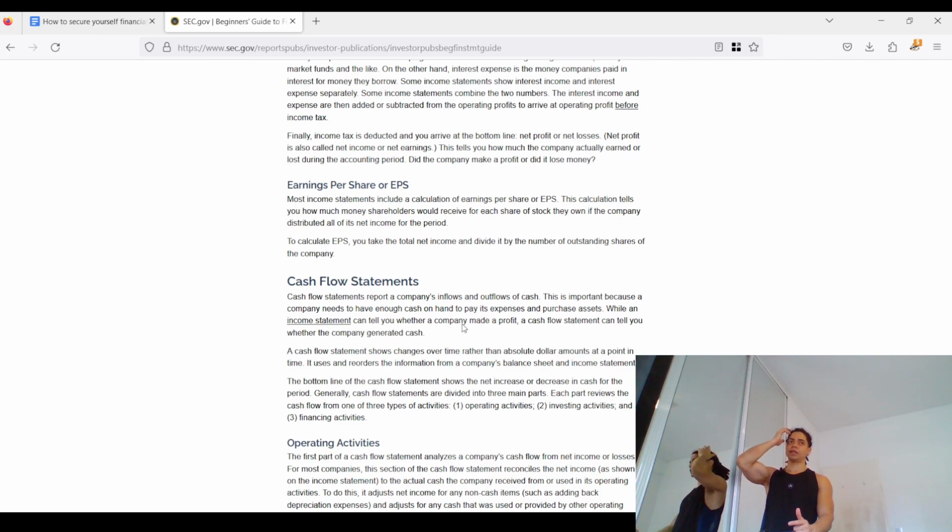Okay, and also associates, which is when a company owns 50% of a particular company's stock, as well as limited partnerships.